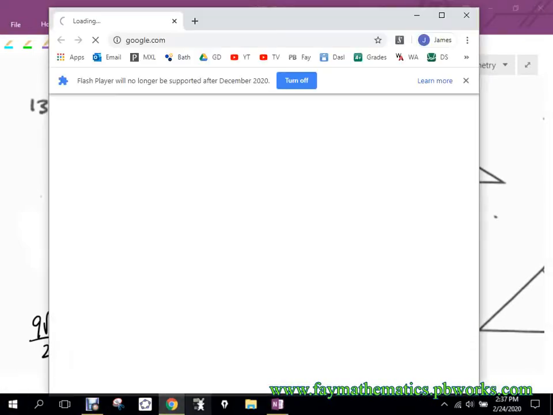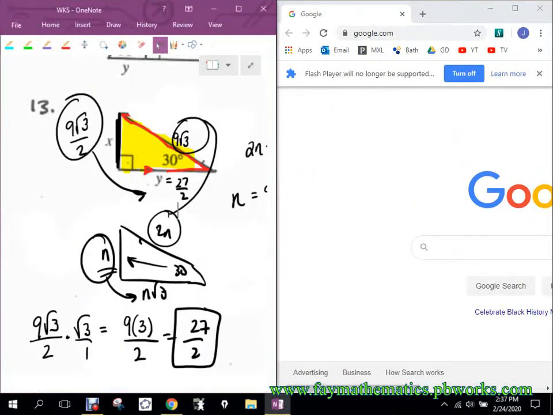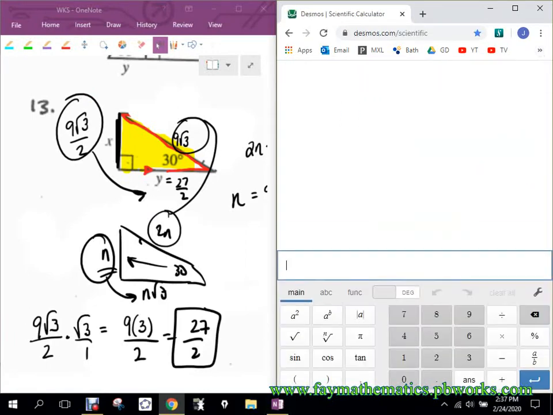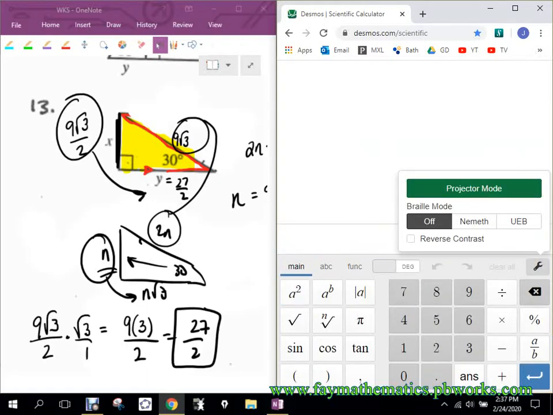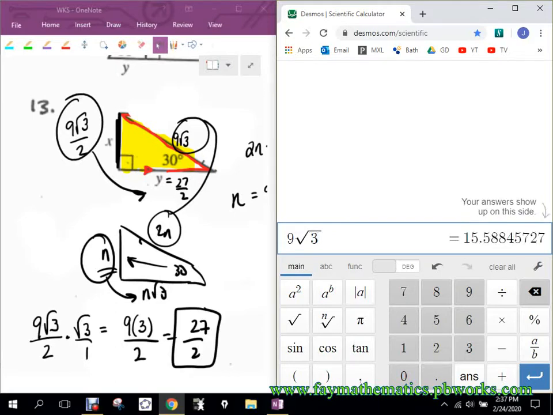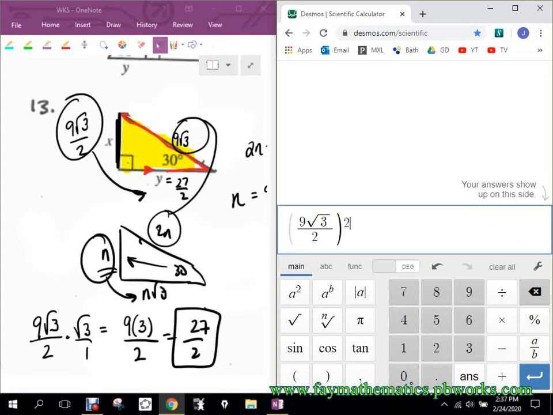Now you can do this by hand, okay, and maybe we will, but we can check this. Do you have 3 sides of a right triangle right there? You have x, which we said was 9 times square root of 3 all over 2. If we square that, add to it 27 halves, square that, 243.